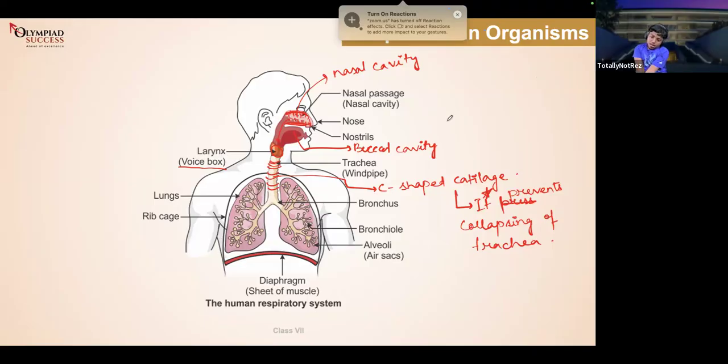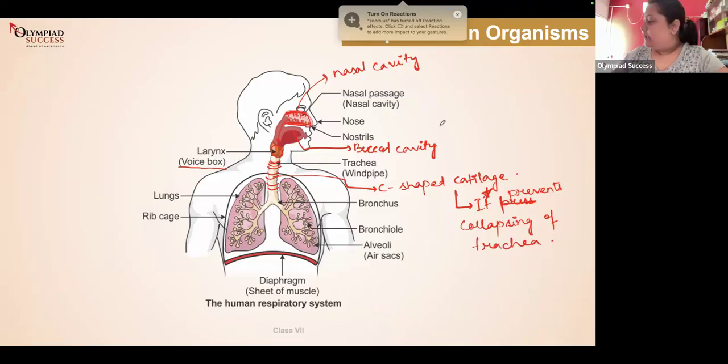Understood. Okay. Now, after your windpipe, the trachea divides into two branches called the bronchi. There also they have these C-shaped cartilaginous rings. Bronchi divide into bronchi and further into bronchioles. After the bronchioles, the C-shaped cartilaginous ring is absent.